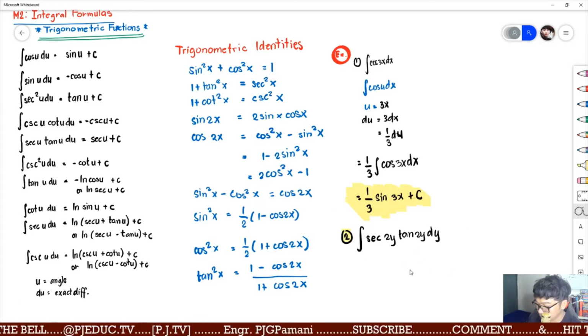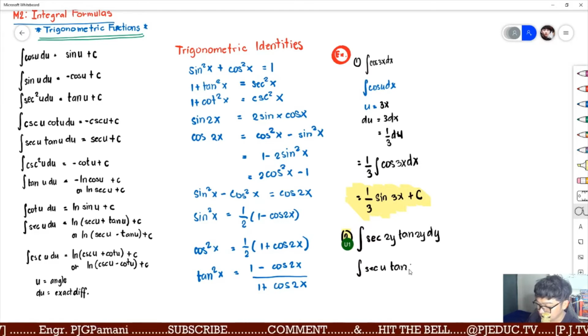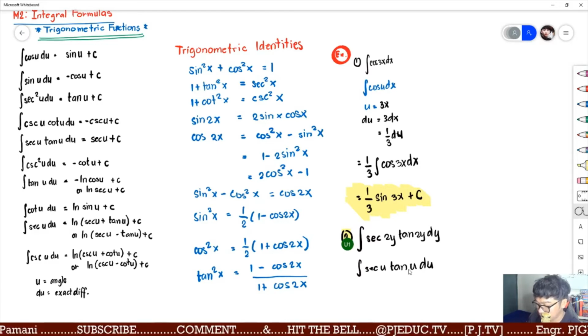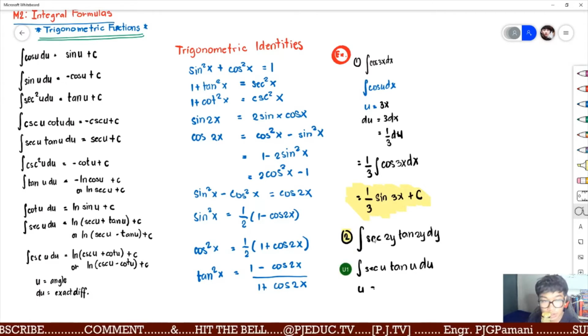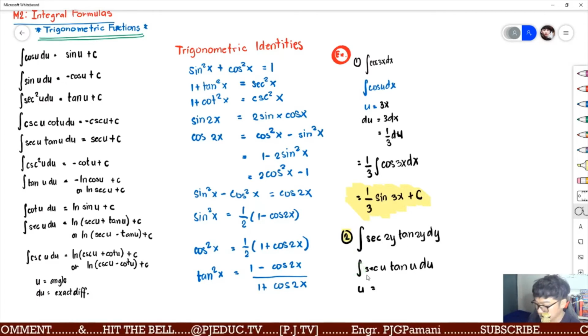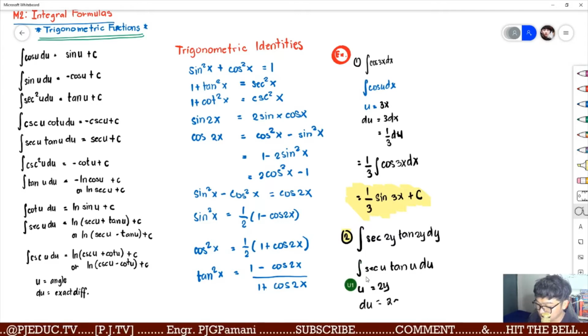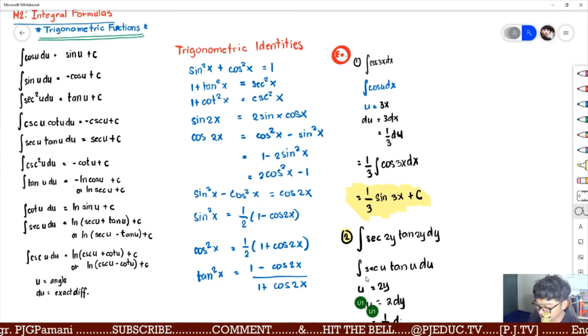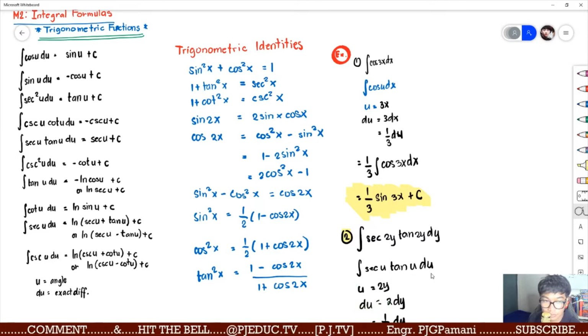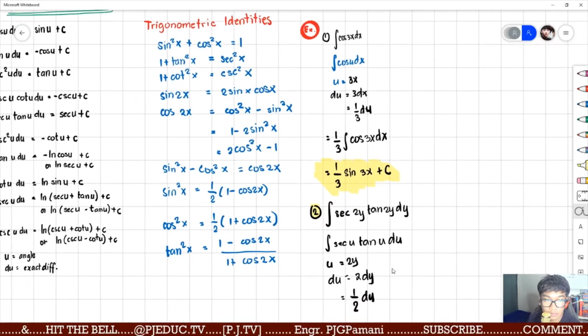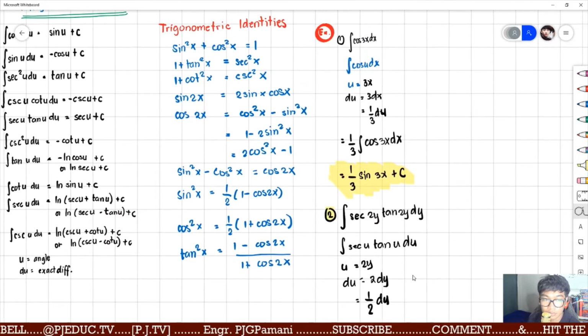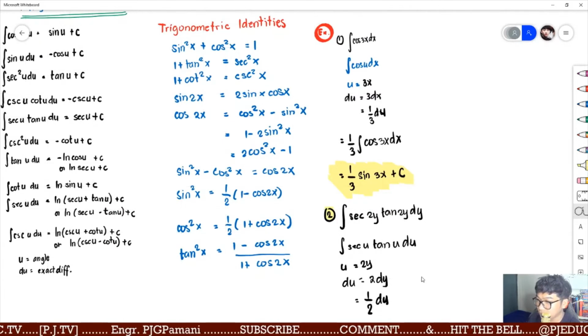With this one, parehas lang naman yan, the secant u tangent u du. Hanapin natin yung function natin based in here. U is simply 2y. The differential of 2y is 2 dy. So we'll then need to introduce a correcting factor of 1/2.